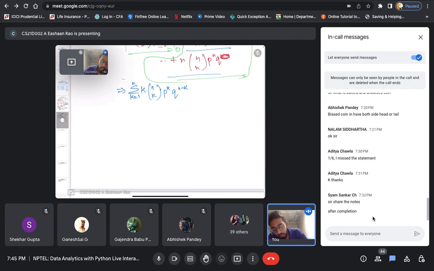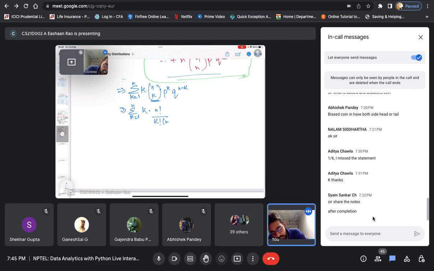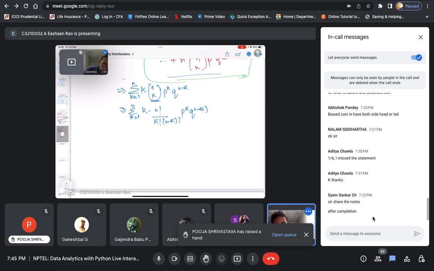Now if I expand this summation, I will try to expand this combinatorics, that is nCk. So I will put k times n factorial over k factorial, n minus k factorial, and p^k q^(n-k).